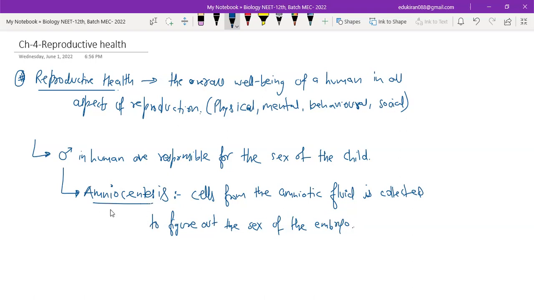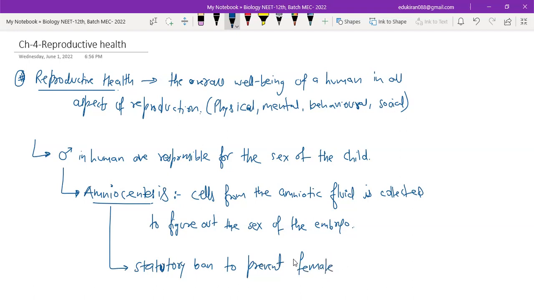Now, this technique is banned in many countries. So it has a statutory ban, like a legal ban, in many countries. Why? To prevent female feticide.